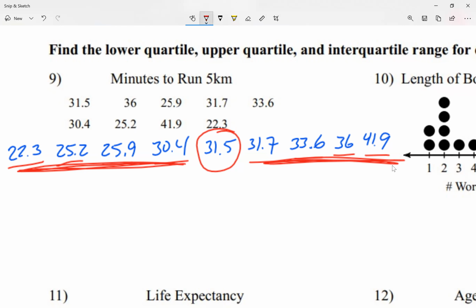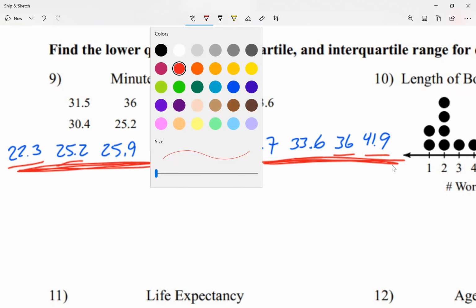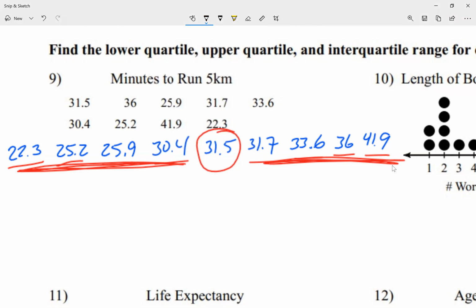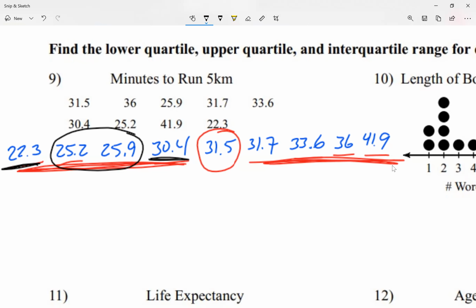Okay, so you will say, well, let me do this with black. I cancel the smallest number and the biggest number, and oops, I have 2 numbers in the center. Remember what we said yesterday. When we have 2 numbers in the center, I'm asking which number is in between 25.2 and 25.9.